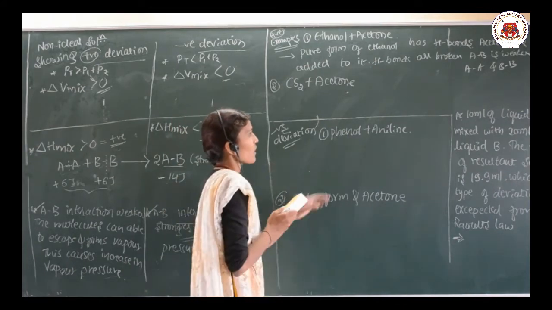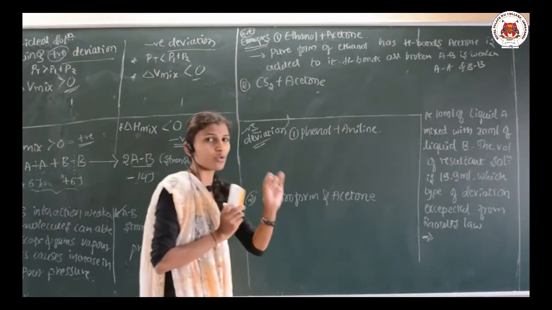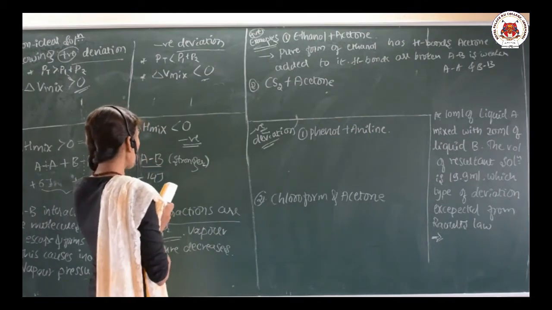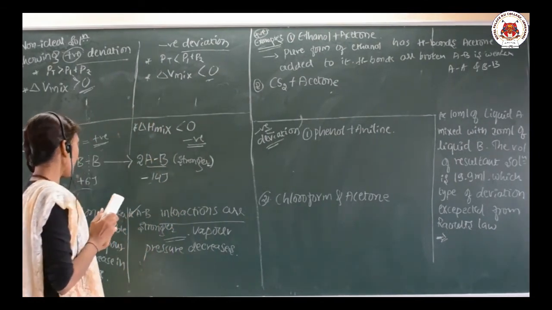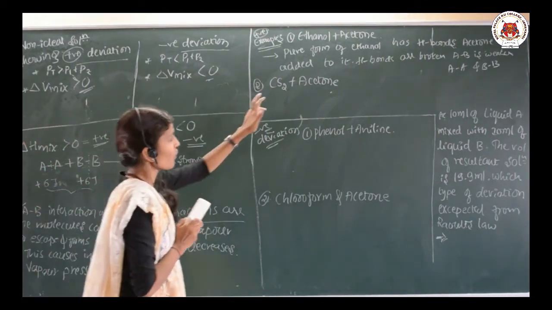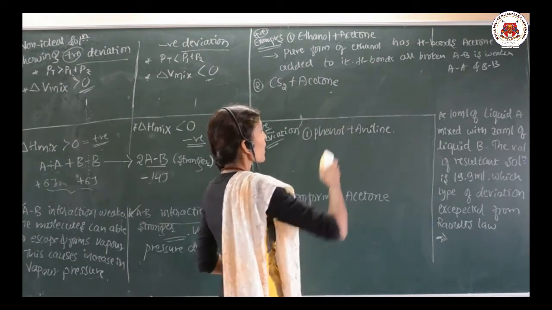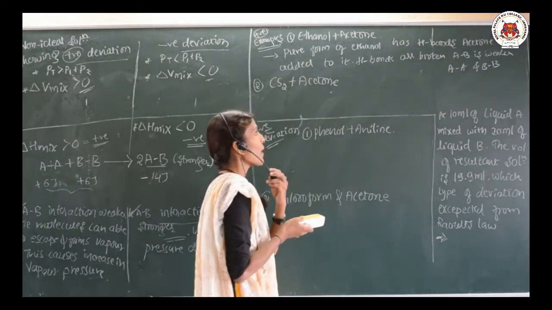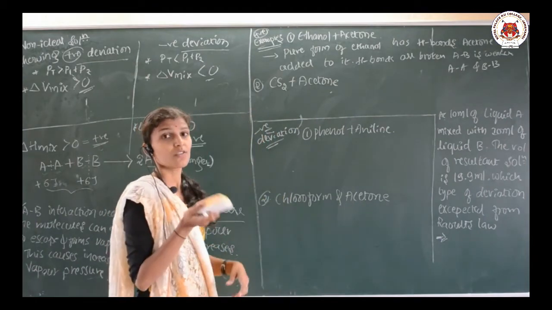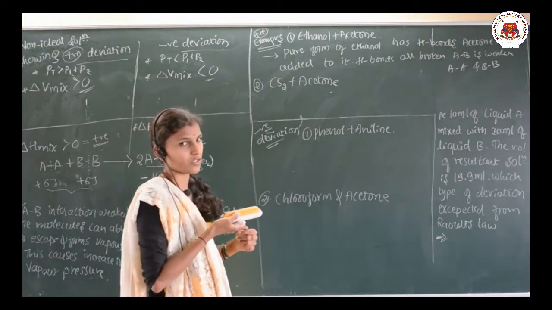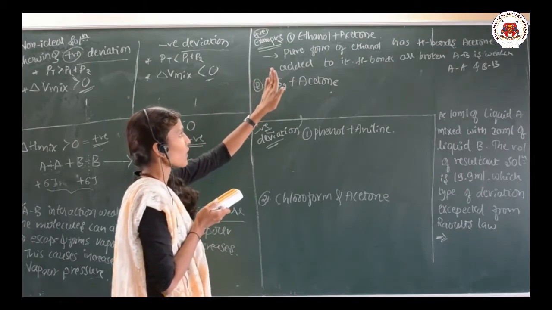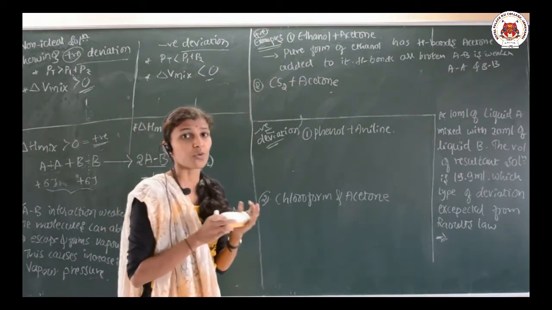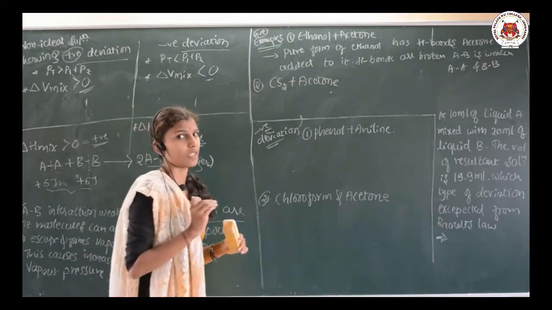So it causes AB interactions to be weaker. In case of positive deviation, as we just discussed, the AB interactions will be weaker. Here also the solute-solvent interactions become weaker compared with the solute-solute and solvent-solvent interactions. So the mixture of ethanol and acetone shows positive deviation.